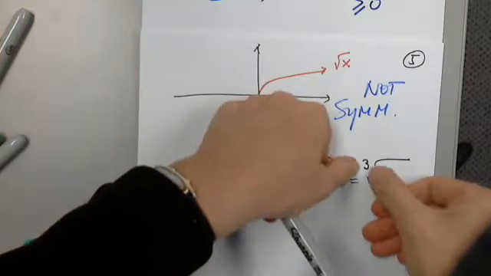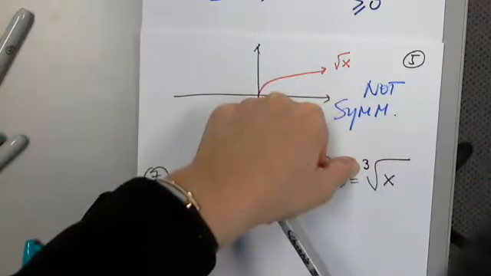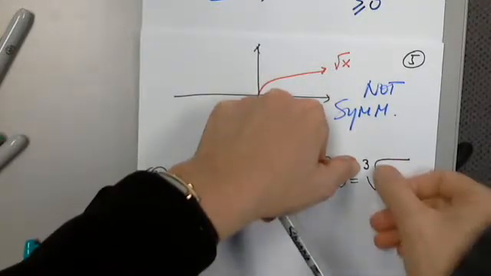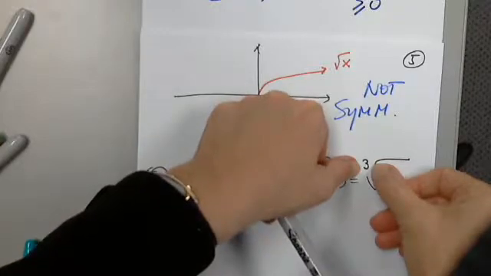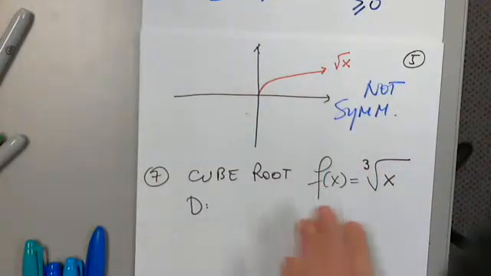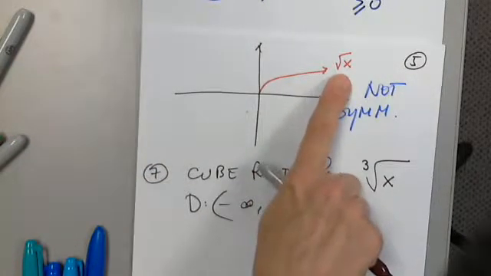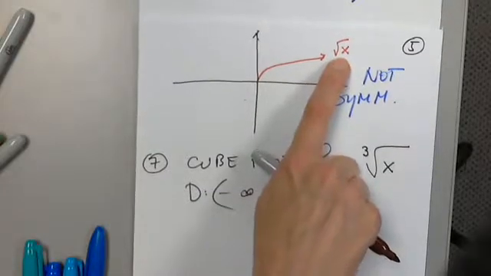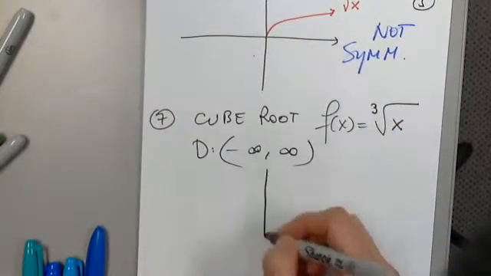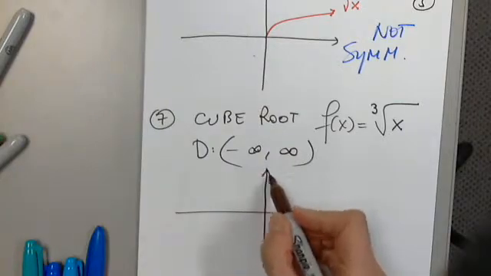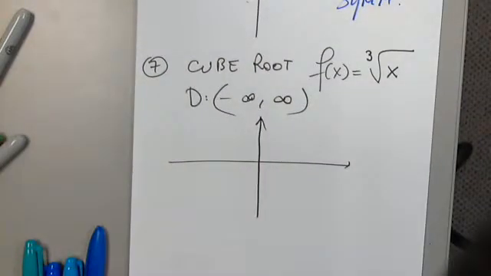That whenever the index is, very good, any odd index, what will be the domain of the cube root, 5th root, 7th root, 11th root? Yes. This is a friendly function. This one is not. All real numbers for the range as well. So let's graph it. And this is the cube root of x.